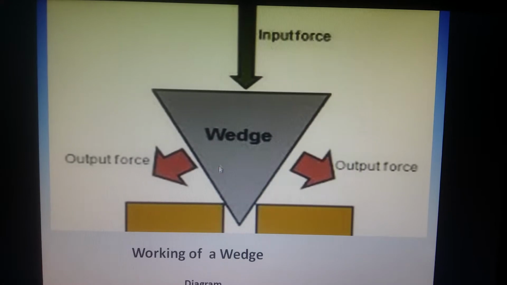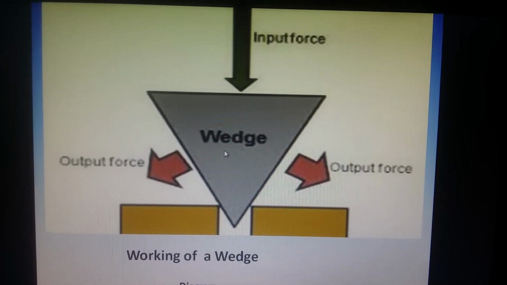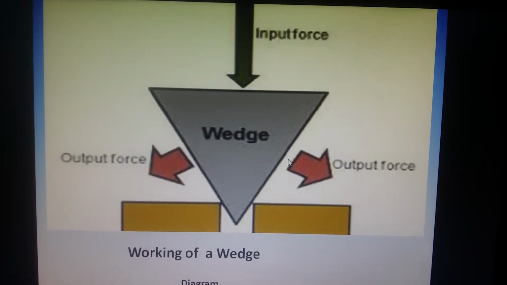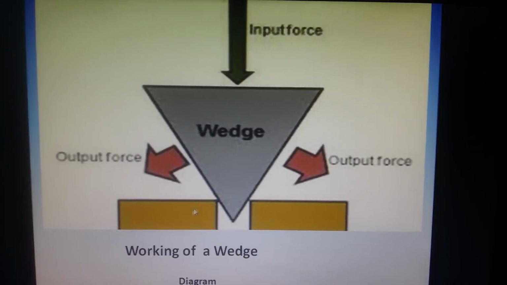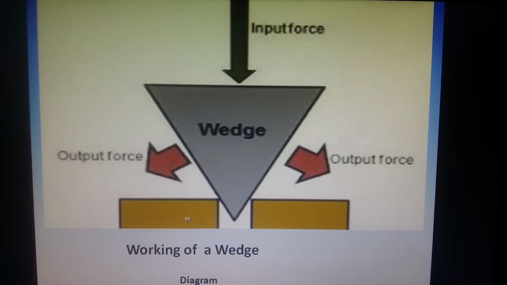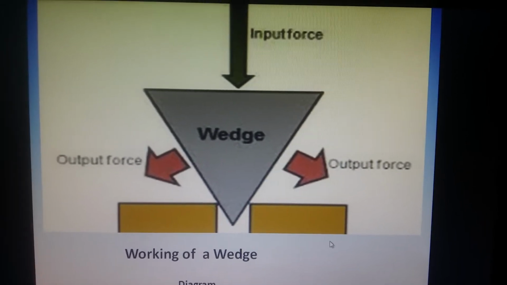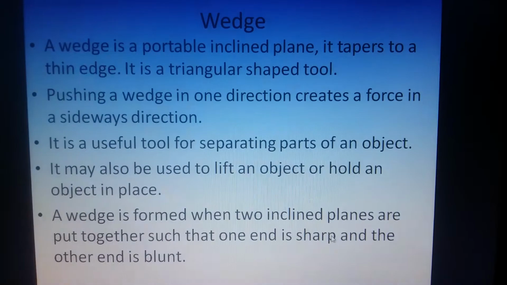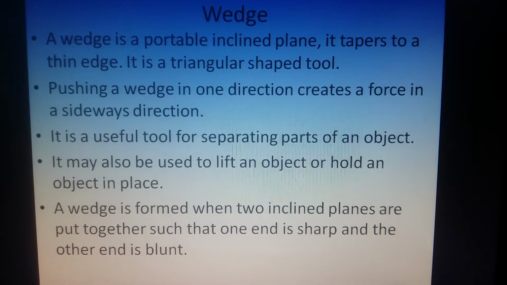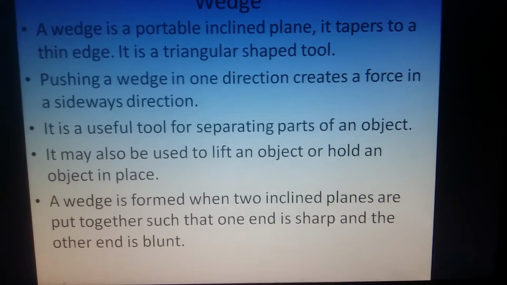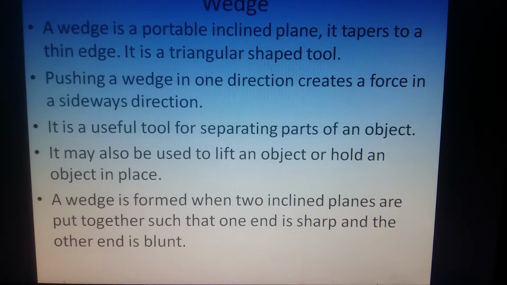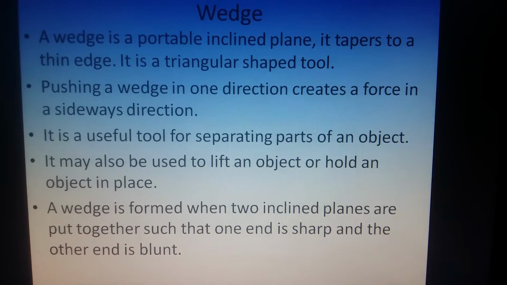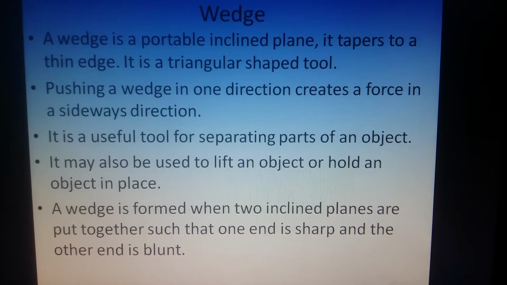That force changes its direction into these two directions, and this object will get split apart. In this way a wedge works. So pushing a wedge in one direction creates a force in a sideways direction. Thus it is a useful tool for separating parts of an object.